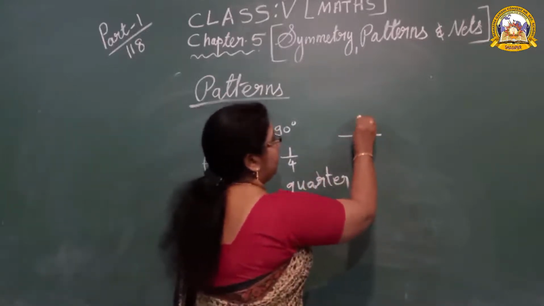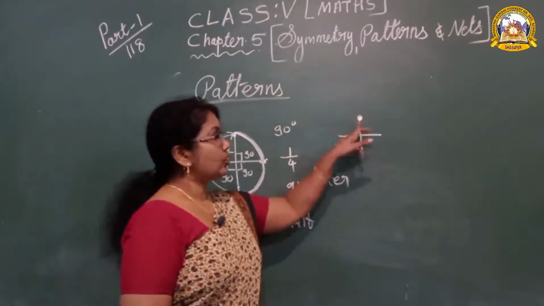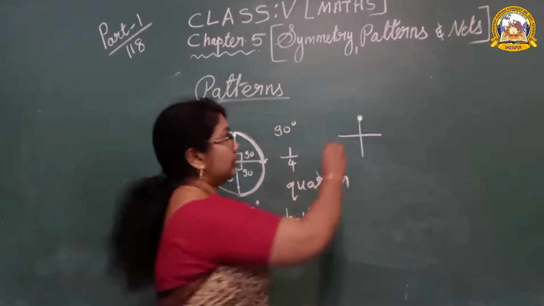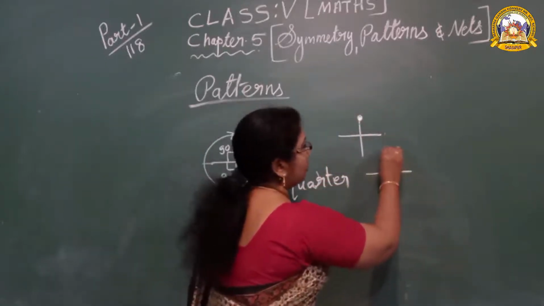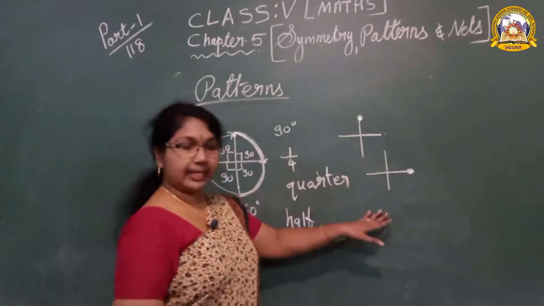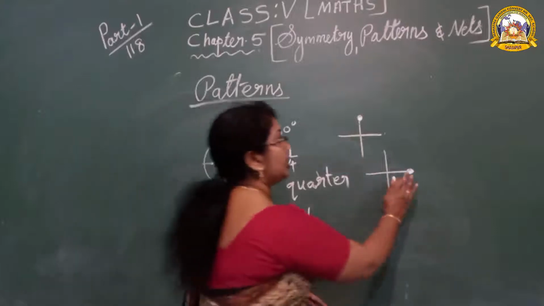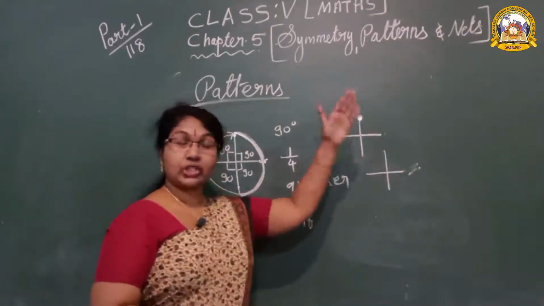Now look here. If the question is that these dots rotate a quarter, that means these dots will come from here to here. Quarter means 90 degrees. Then if the question is that it rotates half, half means just opposite.